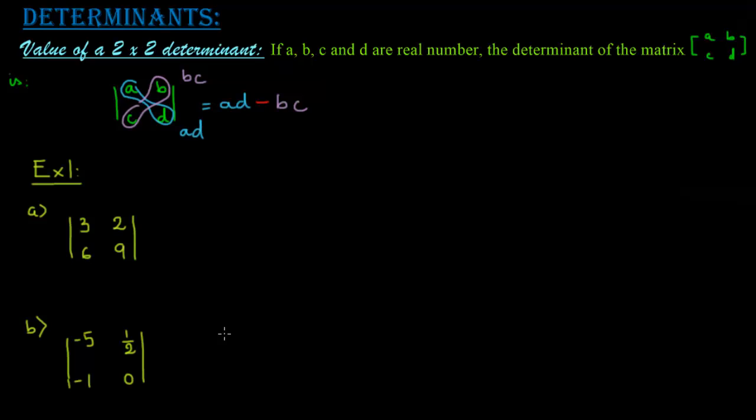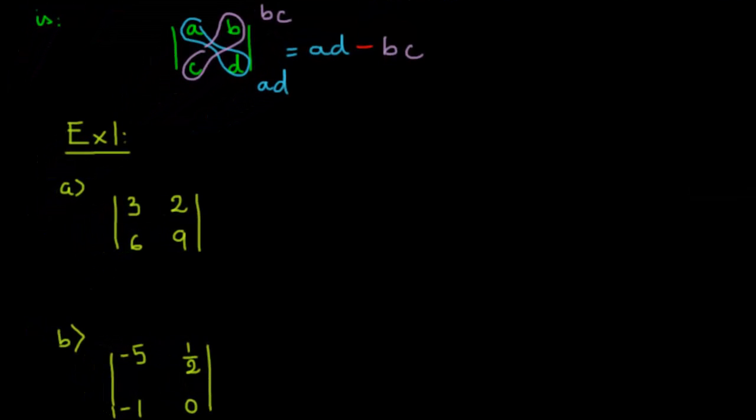Okay, so we know the formula, how to evaluate the 2 by 2 determinant. Now let's jump into examples A and B and see how this formula applies to these problems. We do the same thing, multiply across all the way down. Let's use the arrowhead, this may be easier to see. So 3 times 9 gives me 27.